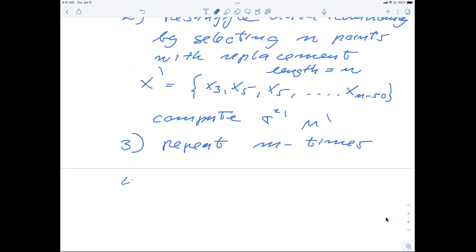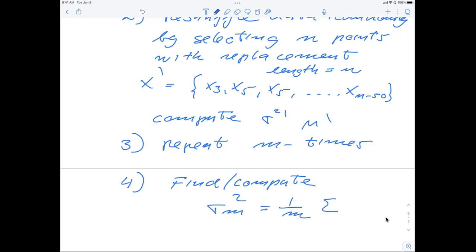Then the final step is to compute, for instance, the standard deviation, which is going to be given by sigma squared, which is 1 over m, and we would then have a sum over all the different experiments, or reshuffles, which you made. We are just going to put this as sigma i squared.